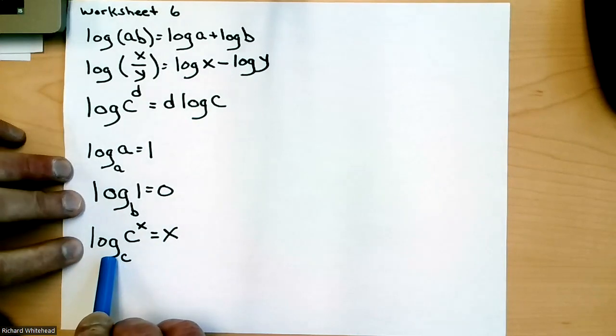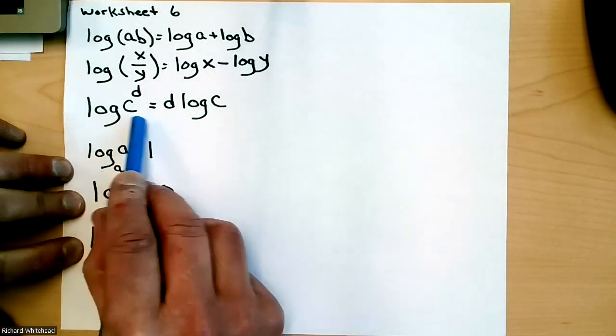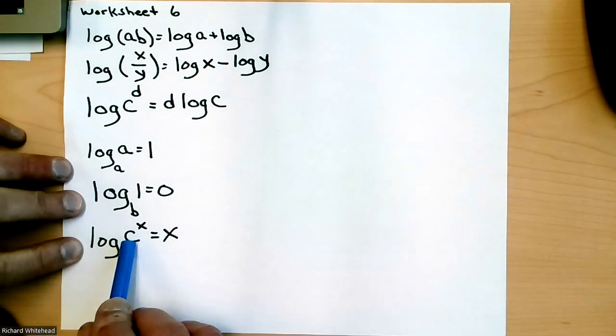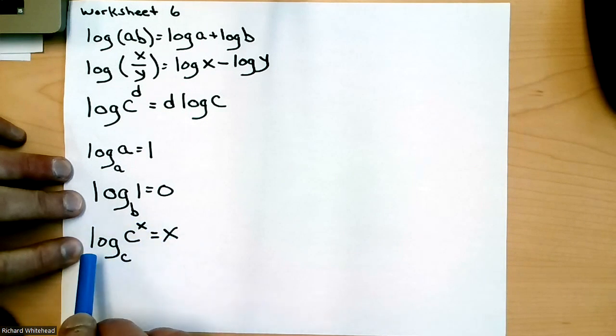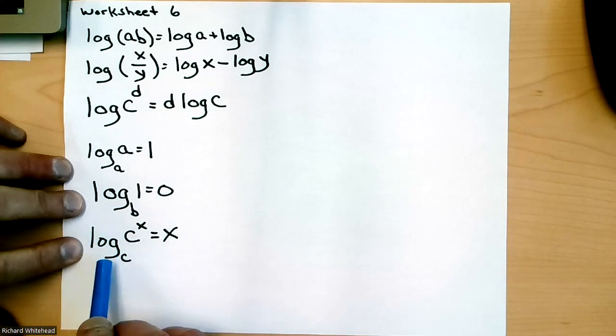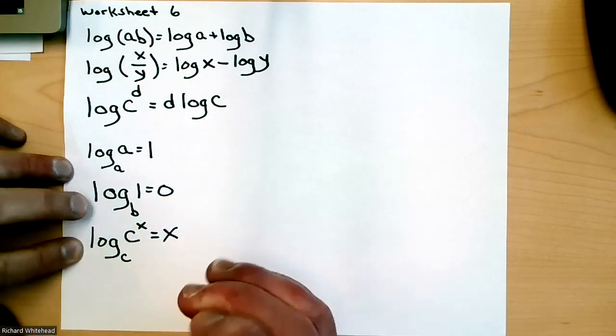And then this rule here, which is similar to this rule here, log base C of C to the x. If these two match up, it always equals the exponent. So log base 5 of 5 to the x is equal to x. Log base 6 of 6 to the x is equal to x.